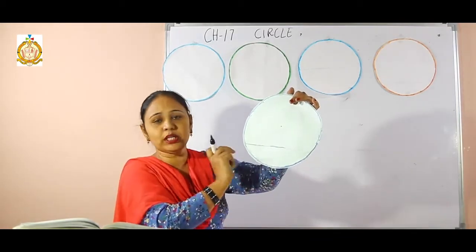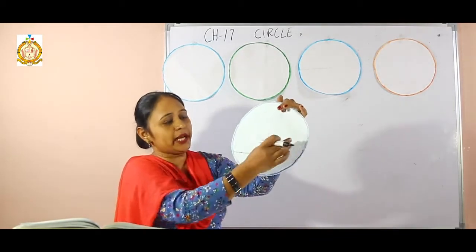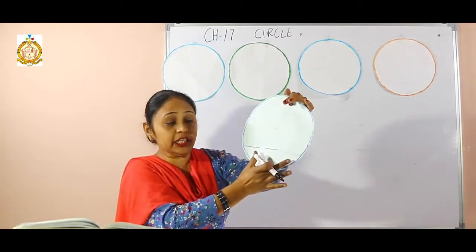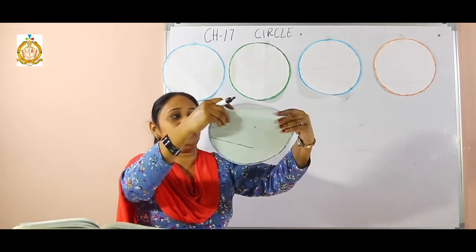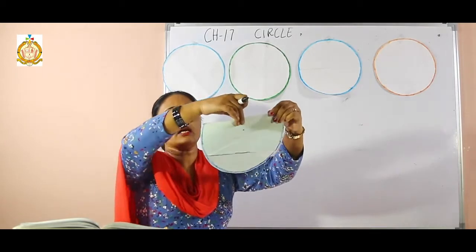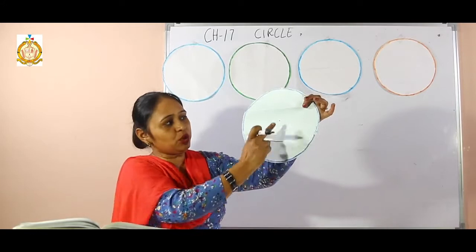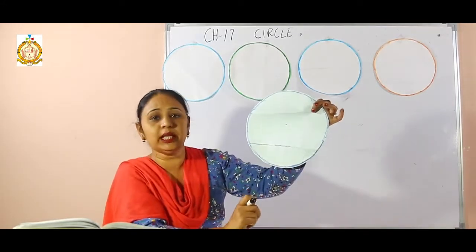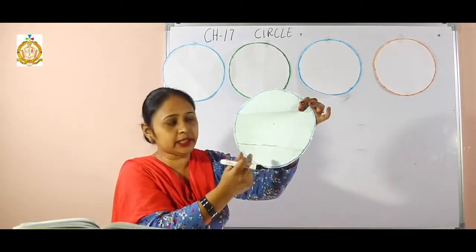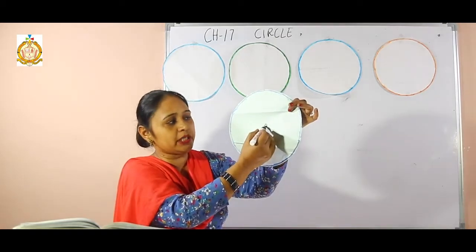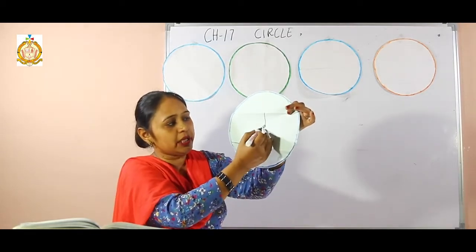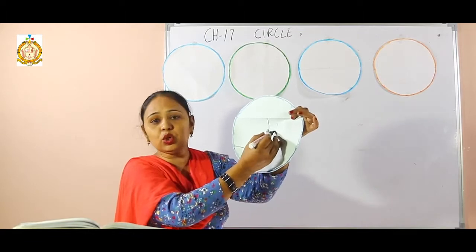Now, if there is one chord here and I take another chord equal to it, the same one here, this is the other chord. This chord and the already drawn chord, these two chords are equal in length. If equal in length, that means the distance of this chord and this chord from the center point will be equal.